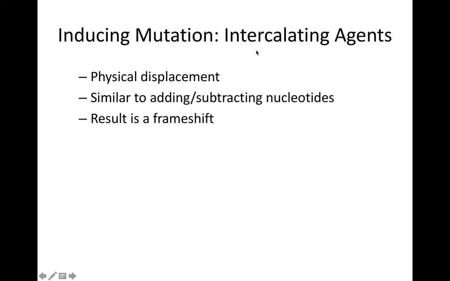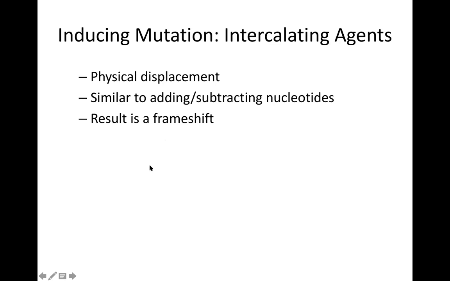If you remember intercalating from chemistry, it simply means kind of blocking or displacing. So this is a physical displacement, and I equate it to cutting in line. When you cut in line, you shove your way between somebody, and when you shove in between, you result in a frame shift, changing the three-codon sequence that you're going to read.